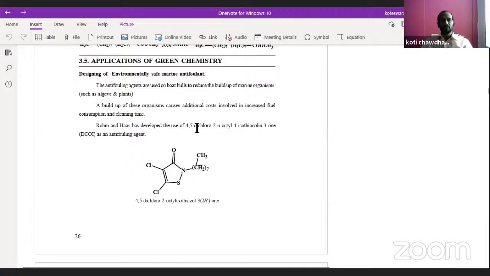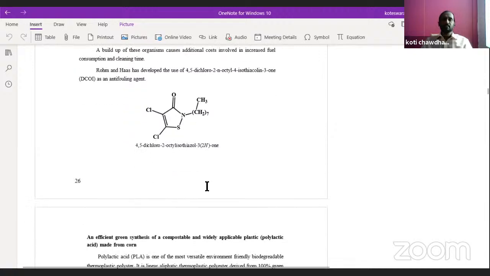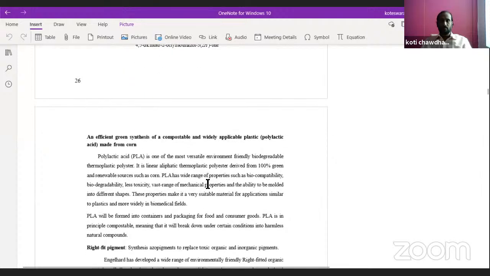A coating material synthesized by a green process has been developed by Rohm and Haas. These paints are used for protection from the bacteria and fungus which grow on the inner surface of the boat or ships. This will be prevented. Therefore, it reduces the maintenance cost of the ships and the marine accessories.